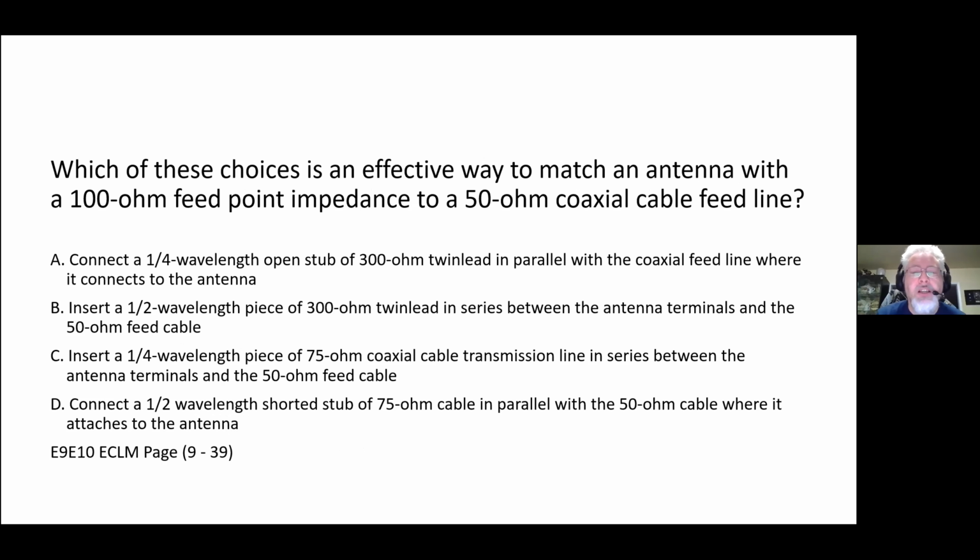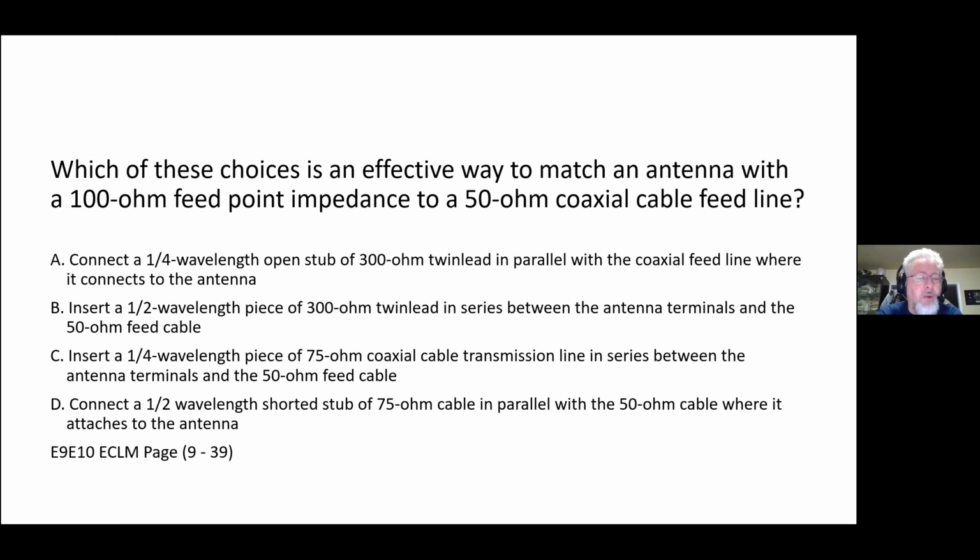Which of these choices is an effective way to match an antenna with a 100 ohm feed point impedance to a 50 ohm coaxial feed line? A, connect a 1/4 wavelength open stub of 300 ohm twin lead in parallel with the coaxial feed line where it connects to the antenna. B, insert a 1/2 wavelength piece of 300 ohm twin lead in series with the antenna terminals and the 50 ohm feed cable.